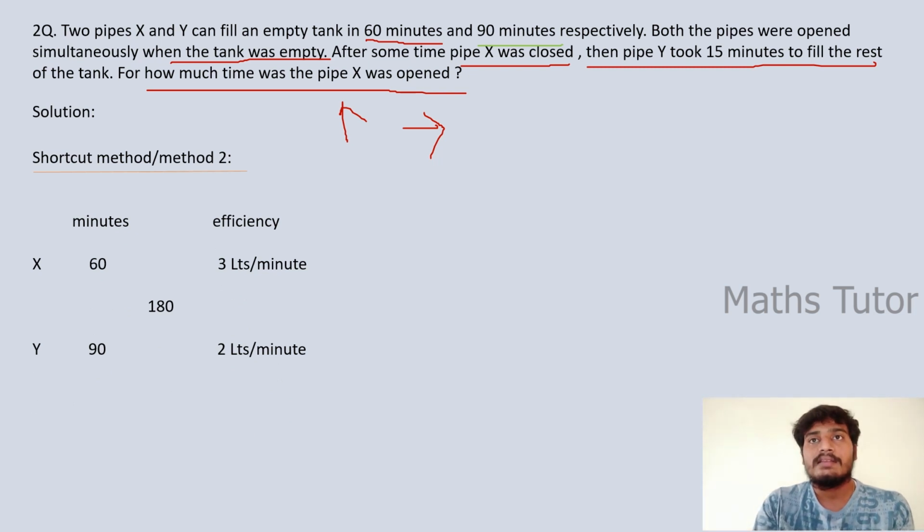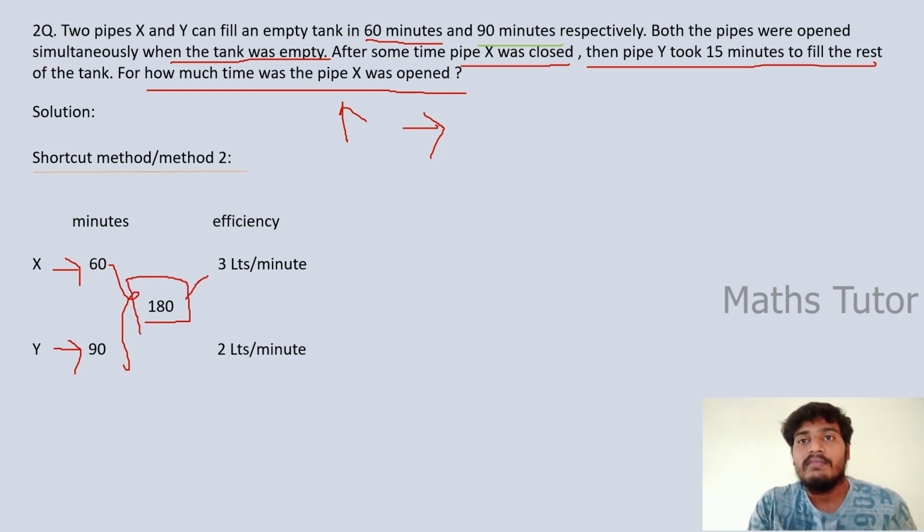Here X can complete the total work in 60 minutes and Y can complete the total work in 90 minutes. By taking the LCM of 60 and 90, we got LCM as 180. By dividing 180 by 60, we get the efficiency of X as 3 liters per minute. Here the units are liters per minute.